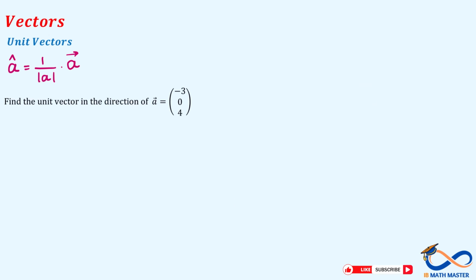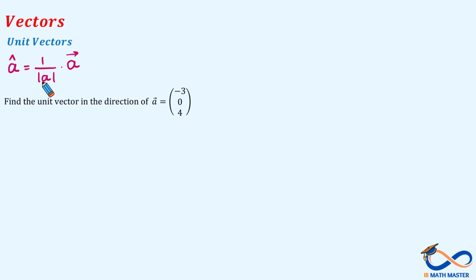Now let's move on to unit vectors. Imagine that you have a vector A, but you need another version of vector A parallel to A itself, but has a magnitude of 1, which is a convenient magnitude. That's what we call a unit vector. The unit vector is given by this. Here we have the notation for unit vector.